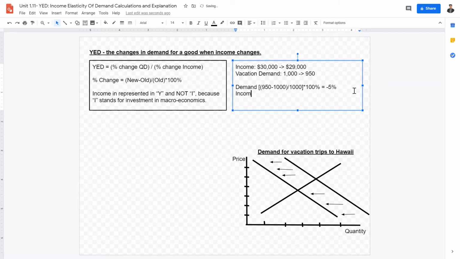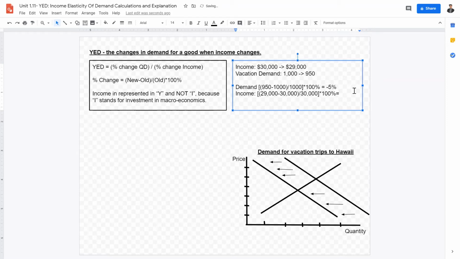And let's also calculate the changes in income. So what is the income? The original income is 30,000, but the new income is 29,000. So what we have to do is calculate the percent change. So it's 29,000 minus 30,000, divided by 30,000, multiplied by 100%.